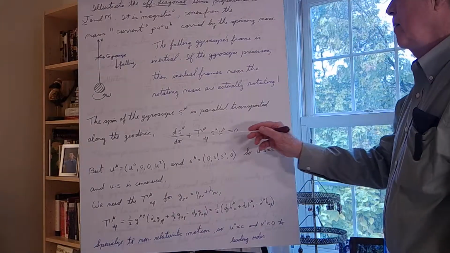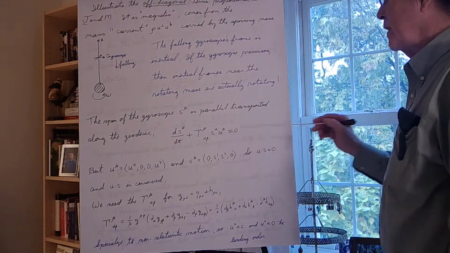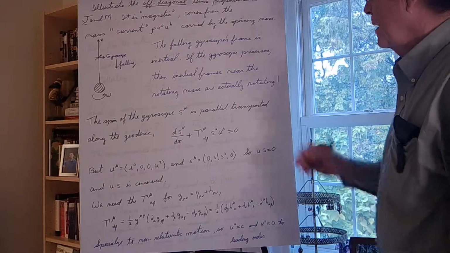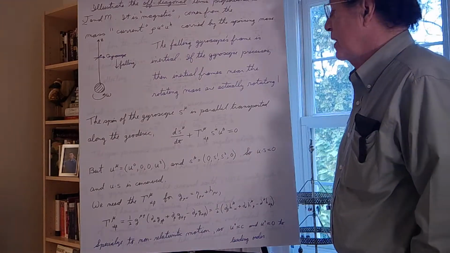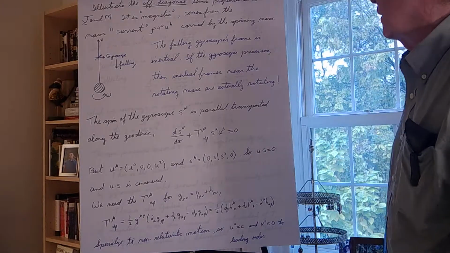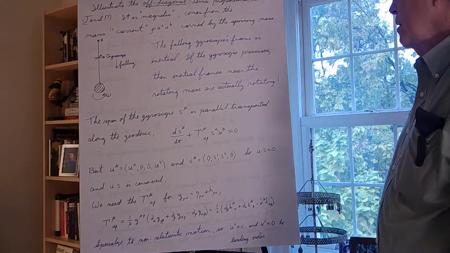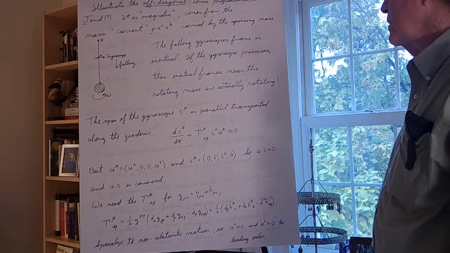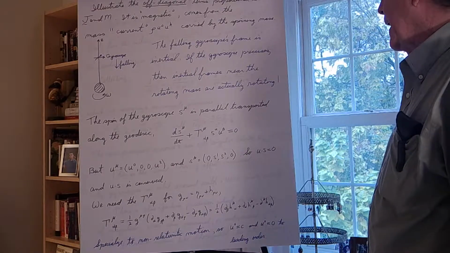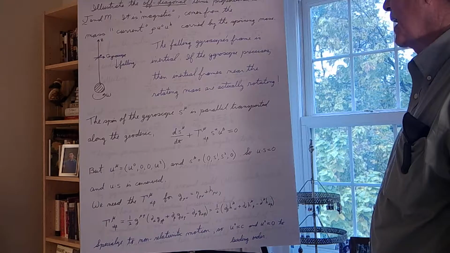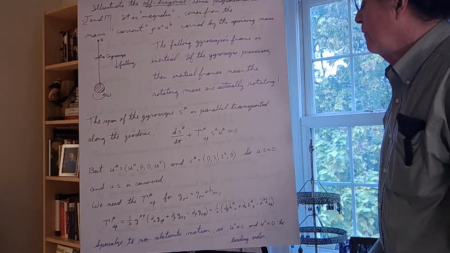So it parallel transports, as we've discussed in our other applications. I just pull out my trusty parallel transport equation, and there you have it. That should give me the time development of the spin.